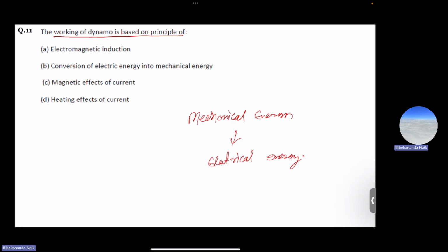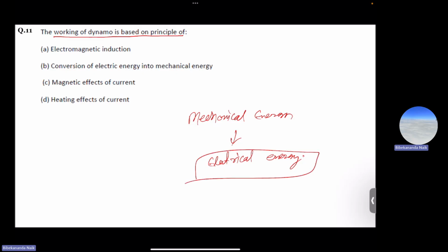Due to the change in magnetic flux linked with the coil, it produces EMF, and this EMF results in a current flowing through an external circuit, which is utilized to produce electrical energy.